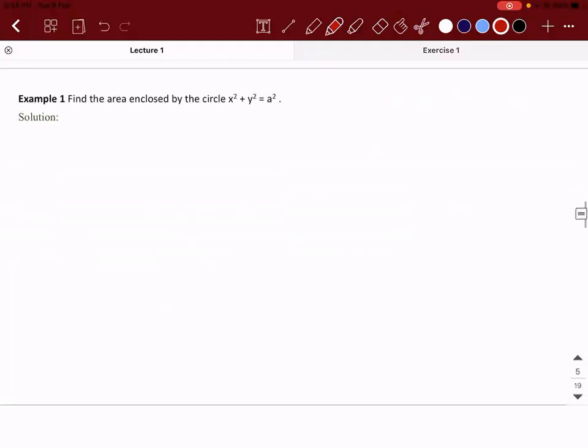Okay, now let me do this problem and show. Find the area enclosed by the circle x square plus y square is equal to a square. Okay, let us use the logic. x square plus y square is equal to a square is a circle with the center as the origin.